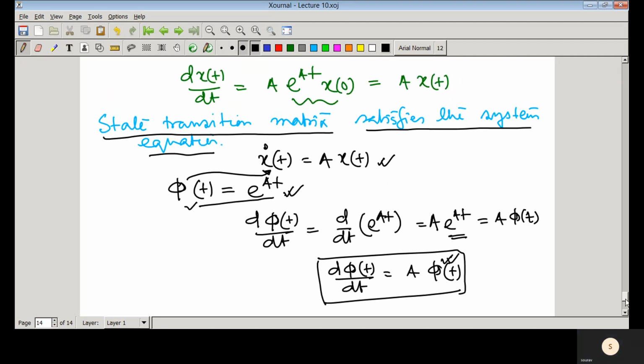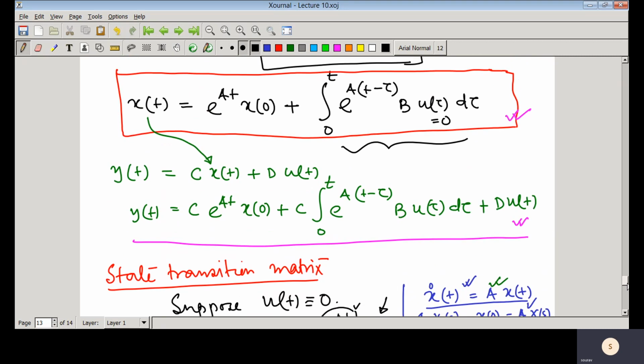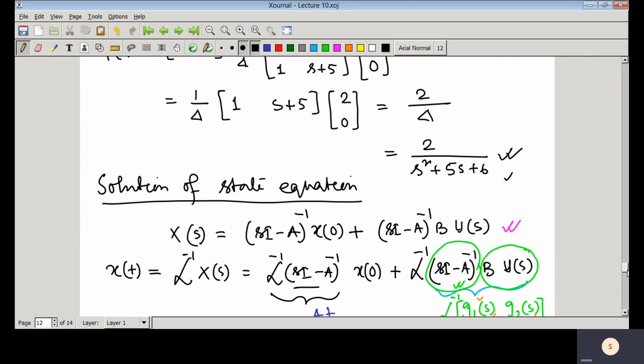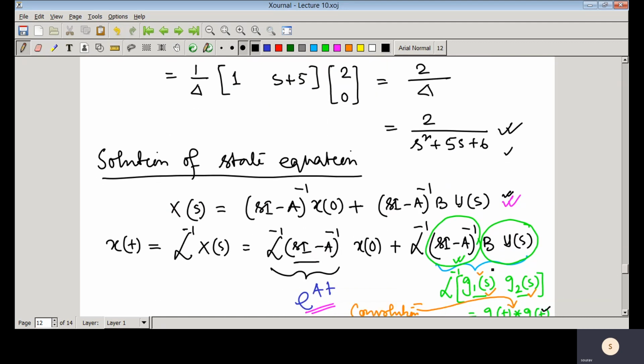And what we have seen here, for finding the solution of the state equation, is that we took the expression after taking the Laplace transform, and then x(t) would be equal to the Laplace inverse of this, with the initial condition at 0. Sometimes it may happen that the initial condition is at t0.